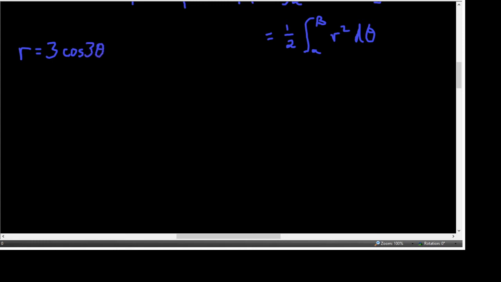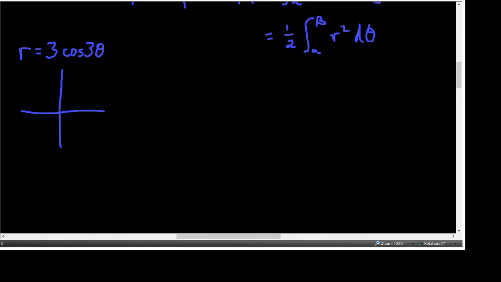All right, so to graph this relatively quickly, they told me it's a rose curve, so I'm kind of clued in as to what's going on. Since 3 in front of theta is an odd number, that means I'll have 3 petals.